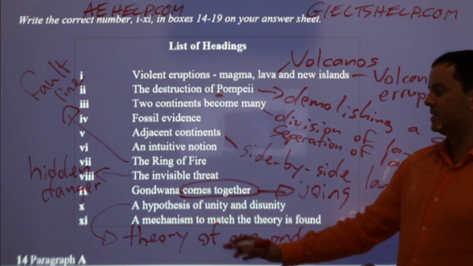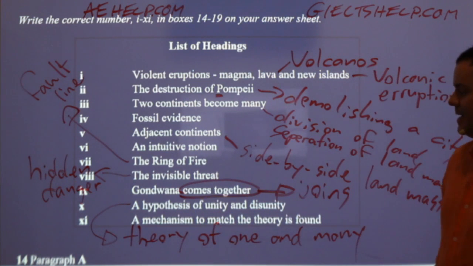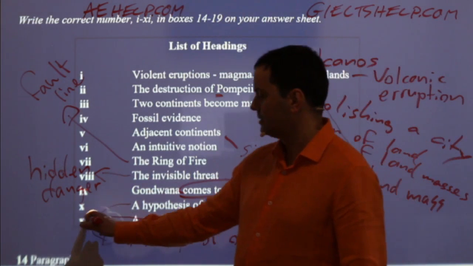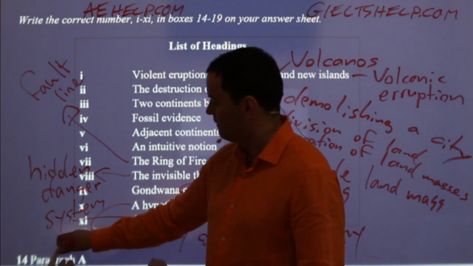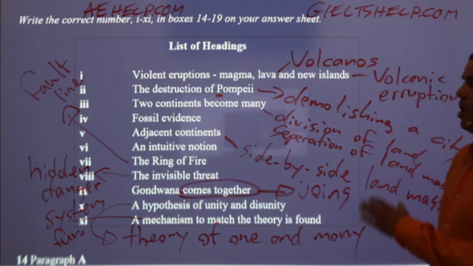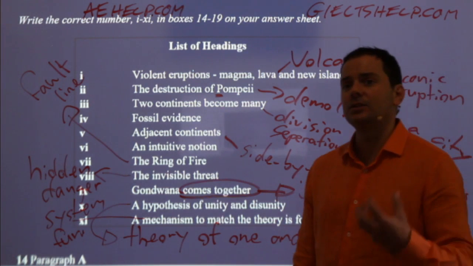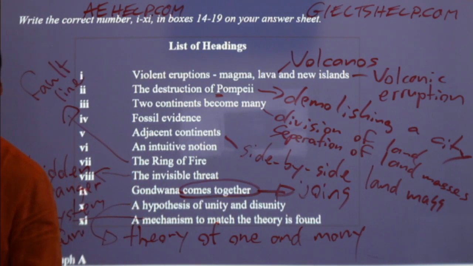A mechanism. Mechanism could be a hypothesis or a theory. A system, a function. Okay? System. Function. Okay? For mechanism. All right, that's great, students. So lots and lots of good work there. Process, very good. Or procedure.